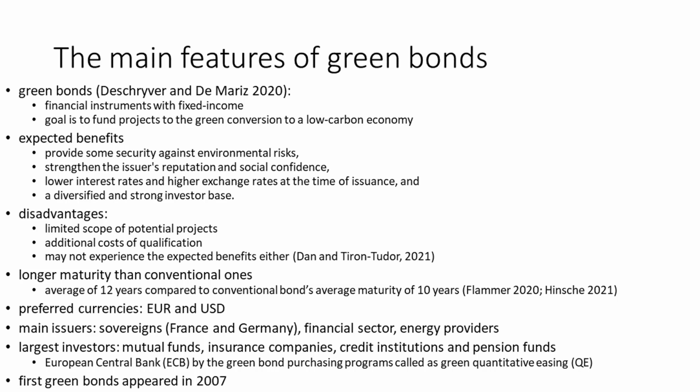What are the expected benefits? So first of all, these projects are supposed to provide some kind of security against environmental risks. Sometimes I don't understand why they are thinking this. So if we are messing up the climate because of our excessive CO2 emission, then still there will be drought.